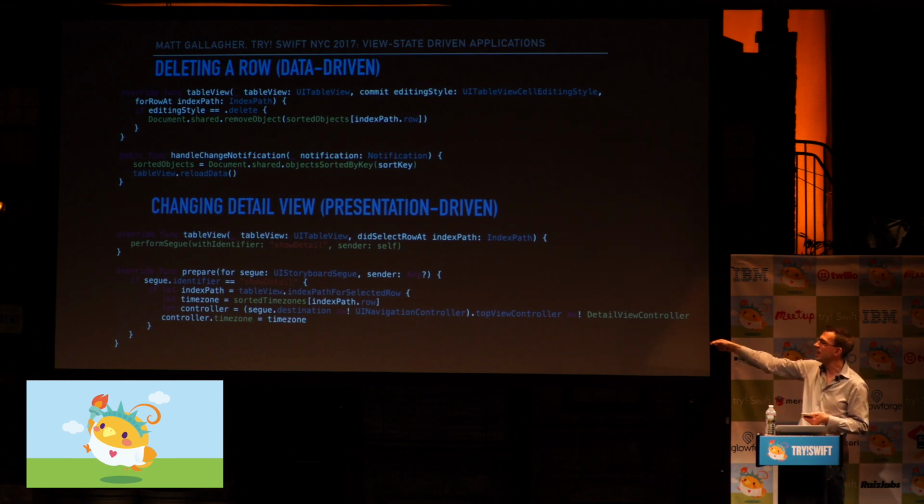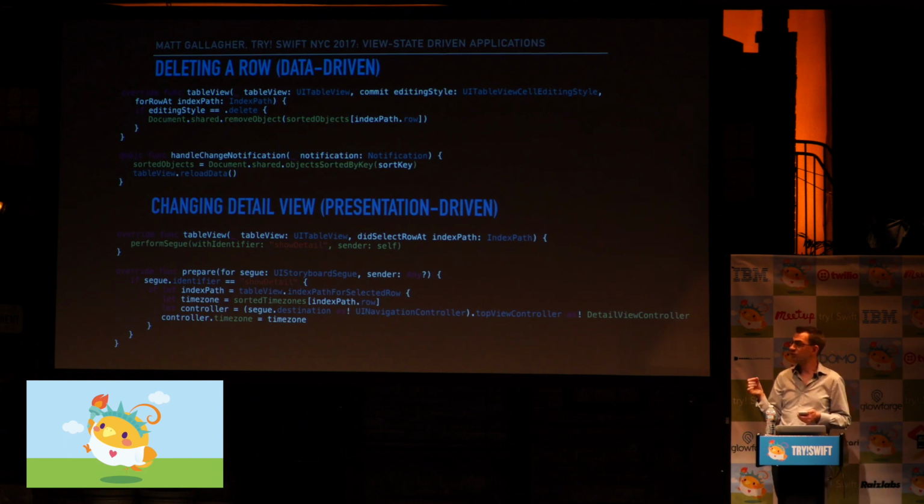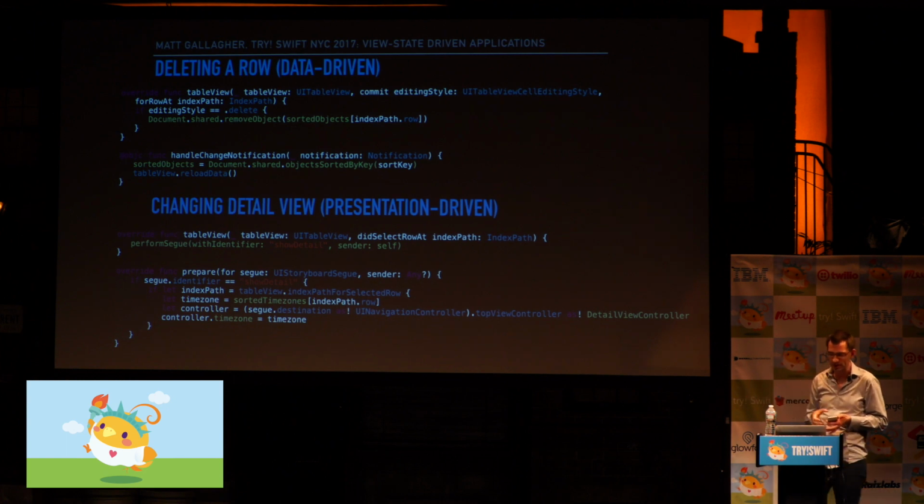So you can see the very last line there, controller.timezone equals timezone. It finally sets the actual data for the view. So in a presentation-driven change, we have perform segue first, and at a later point, we're setting the actual data. Now, while I'm still on this screen, I want to point out a line to you, the ugliest line there on the slide, which is let controller equals segue.destination as UINavigationController.topViewController as DetailViewController. This comes straight out of the template.